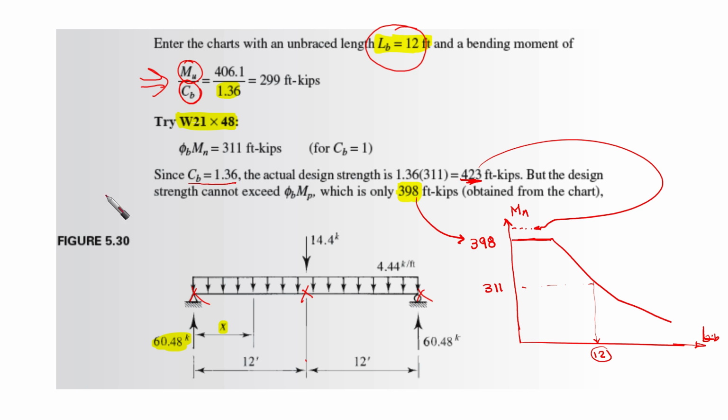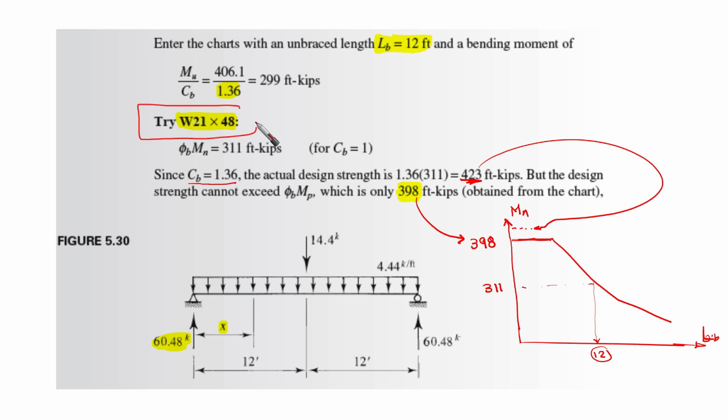M ultimate over CB is 406.1 over 1.36, which gives you 299. After that, try wide flange W21 by 48. Now you have this value, which is the required moment after being modified by the CB.